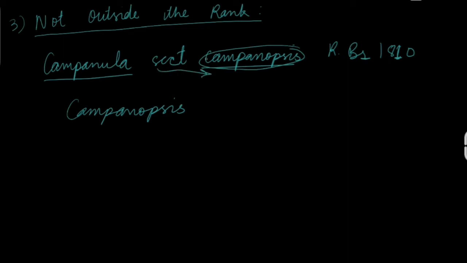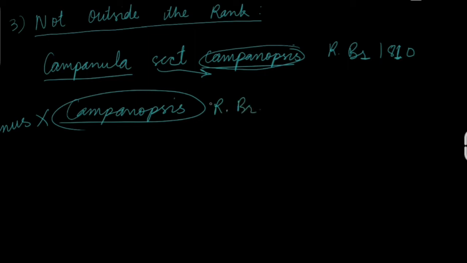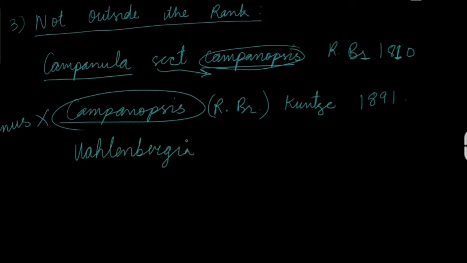So this particular name again, it cannot be used in genus. Okay, so instead of Campanopsis, now author citation, if it was Campanopsis, then author citation would be R.Br. in bracket and then Kuntze, the new person who proposed the name. So instead of this name, the name would be Wahlenbergia Roth.